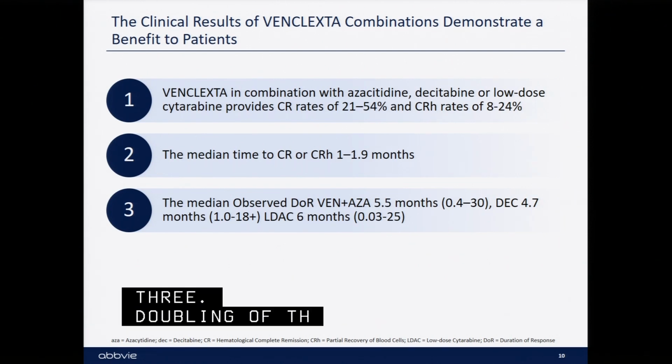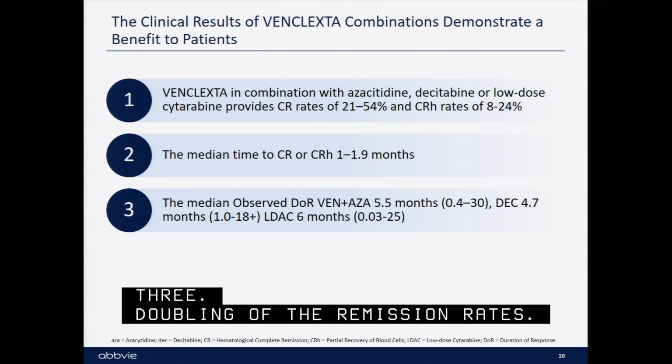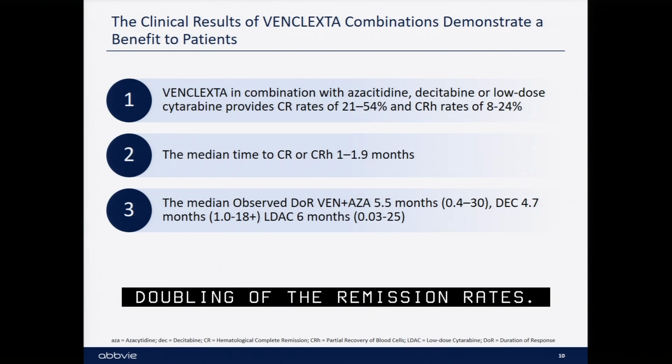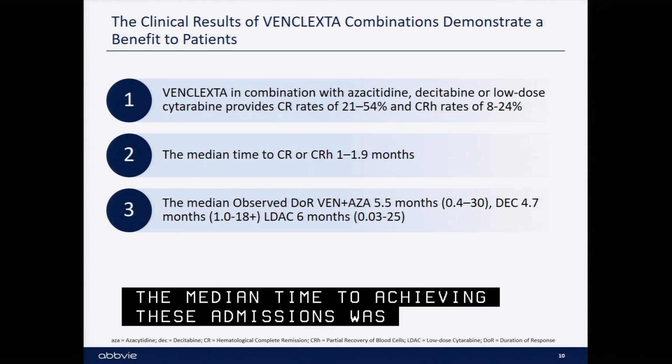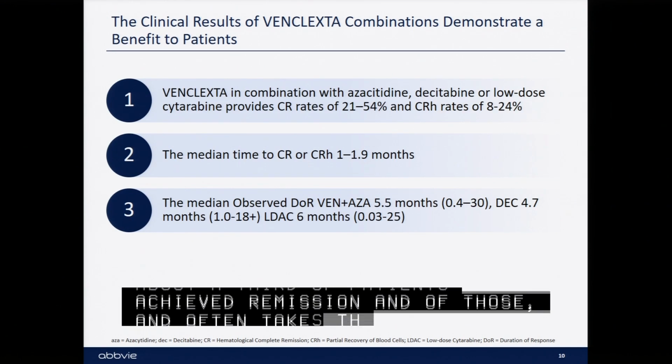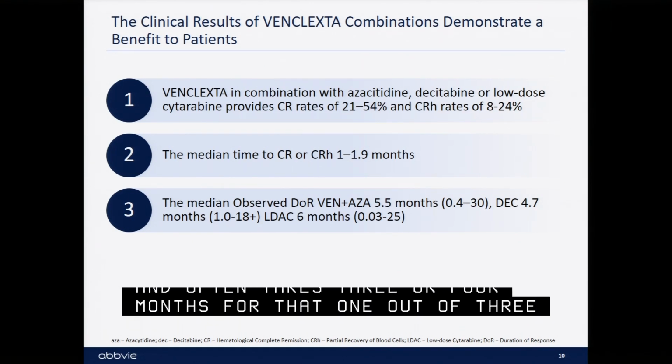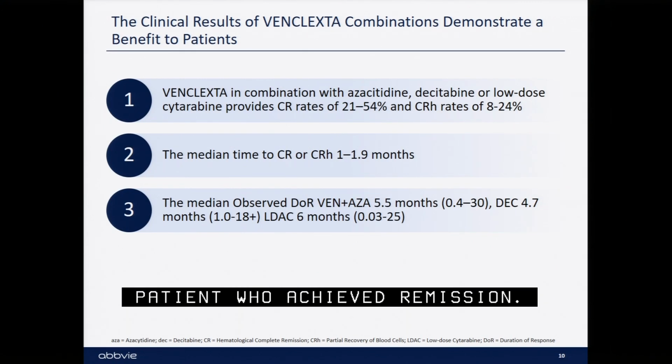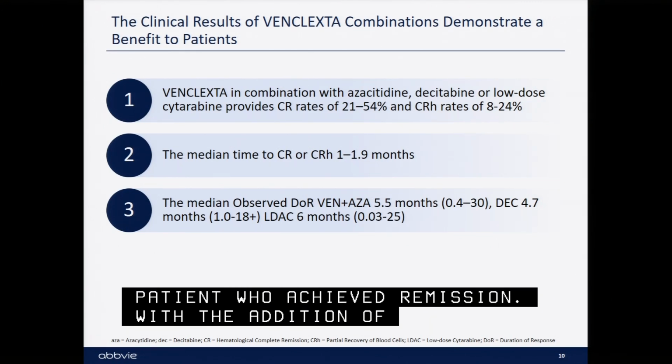With the previously available therapies, only about 1/3 of patients achieve remission, and of those it often takes 3 or 4 months. With the addition of Venclexta to these standard backbone therapies, the median time to remission is approximately 1 cycle, or 1 month of therapy.